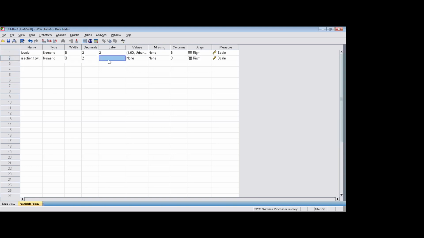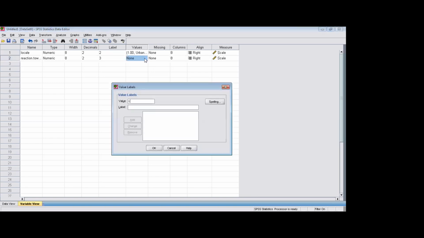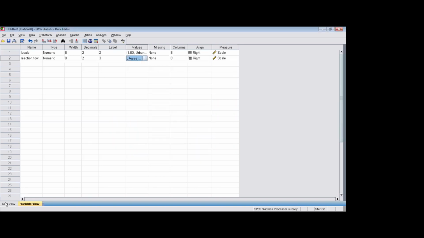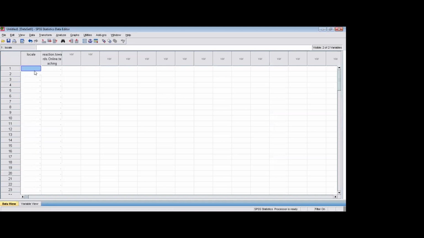And here let us say I'm taking 3 categories. One I'm saying agree. Two I am saying undecided. And three I'm saying disagree. So let us enter the data.